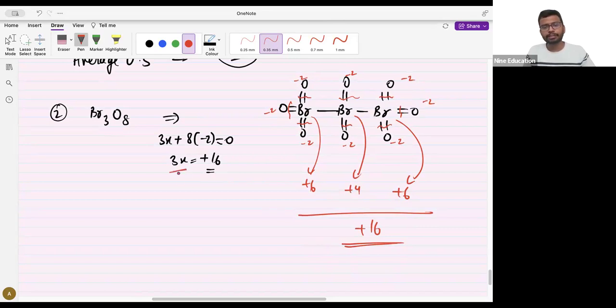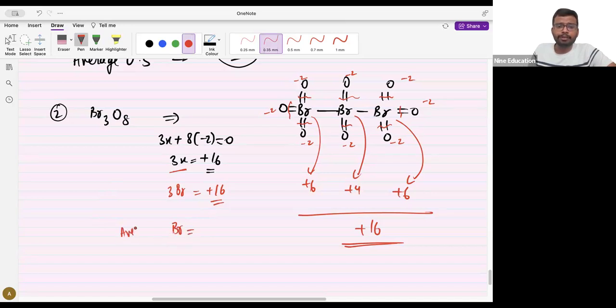Understanding? So 3Br will have a total charge of 16. This is known as fractional oxidation state. If someone asks for the average oxidation state on Br, it will be plus 16 by 3, nearly 5 point something.